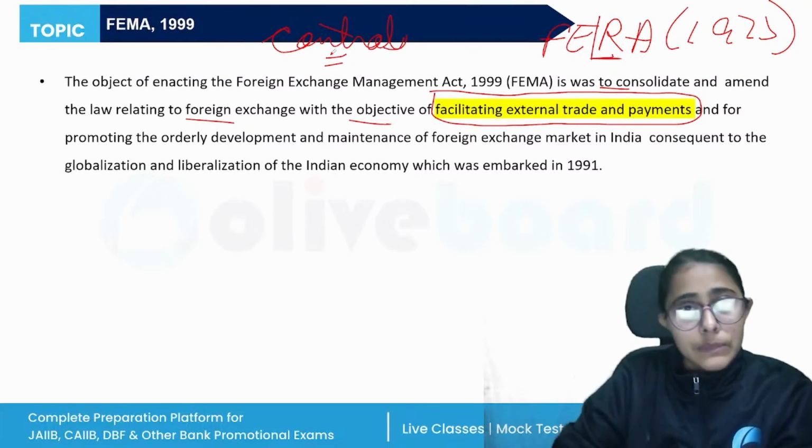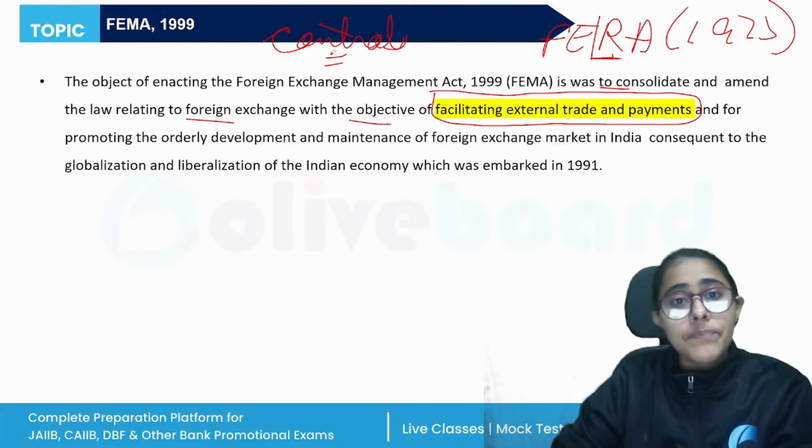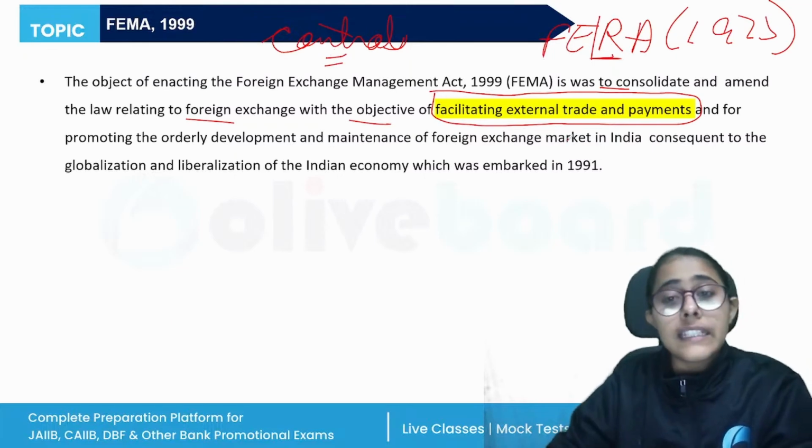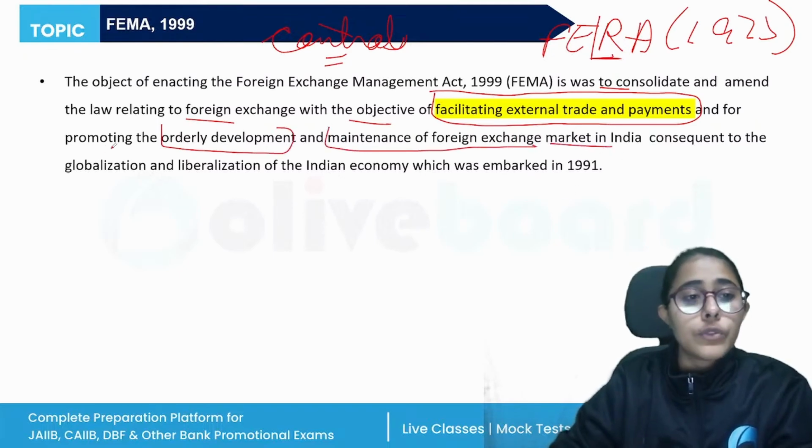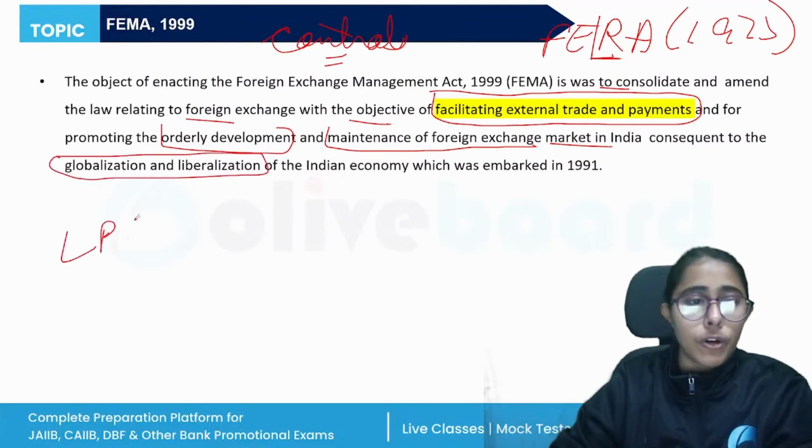These were made flexible and easy with the FEMA Act to facilitate external trade and payment, and for promoting the orderly development and maintenance of the foreign exchange market in India, consequent to the globalization and liberalization with the LPG reforms of 1991.